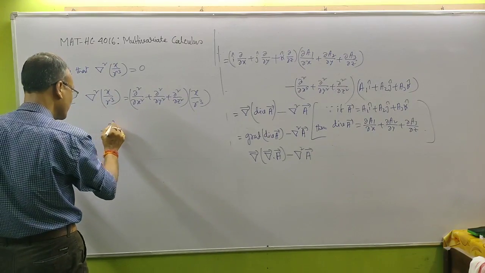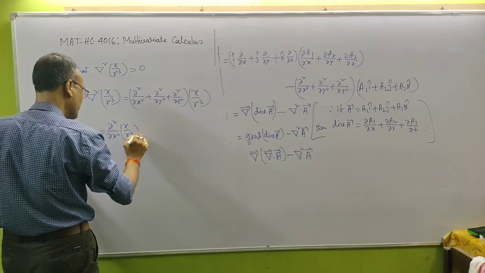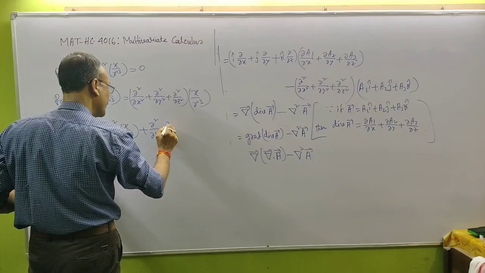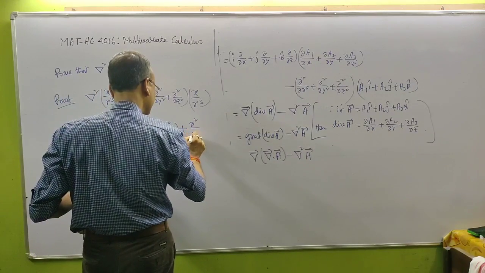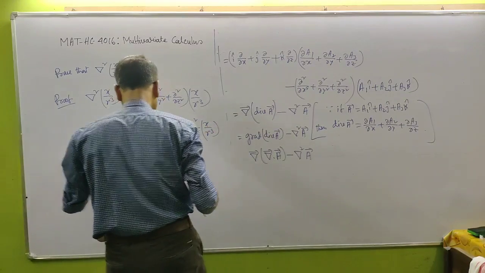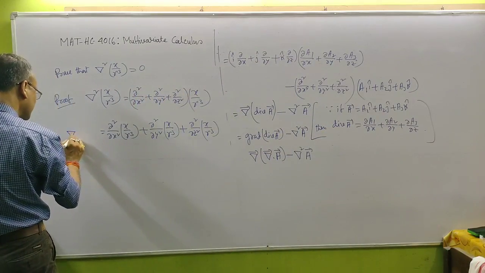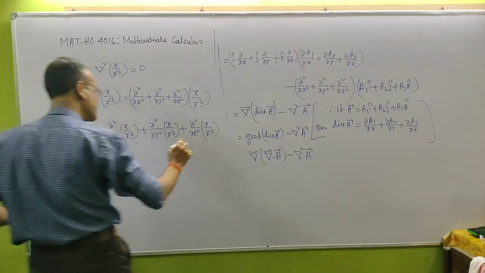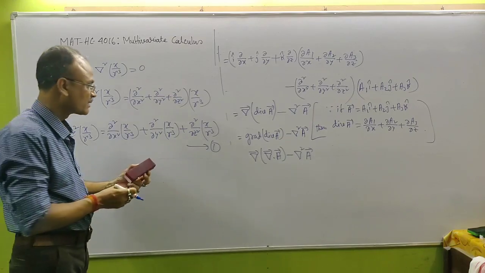This is equal to nabla x square of x by r cube plus nabla y square of x by r cube plus nabla z square of x by r cube. What is this? x by r cube equal to this. Suppose this is number 1.